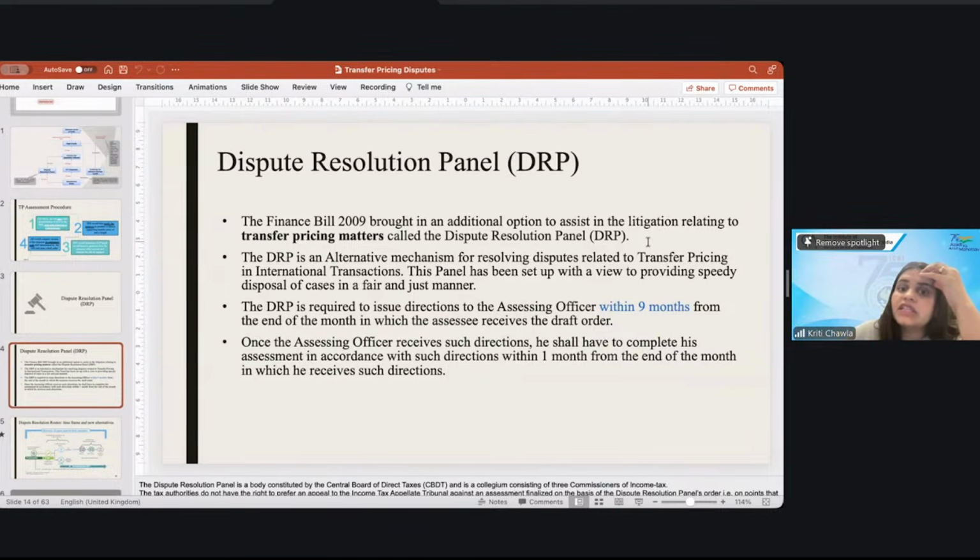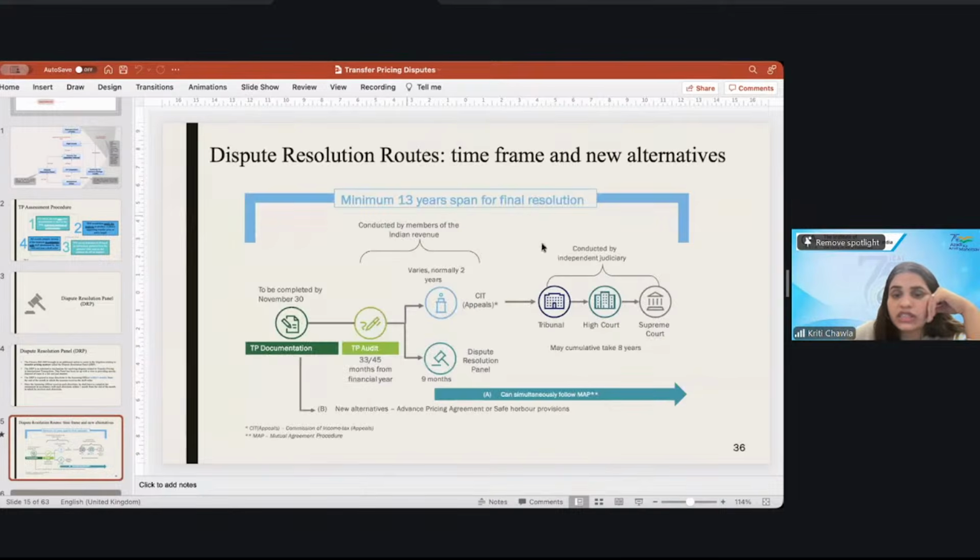The DRP is required to issue directions to the assessing officer within 9 months from when they receive the draft order. Just take a minute and look at this diagram, and then we'll discuss it.